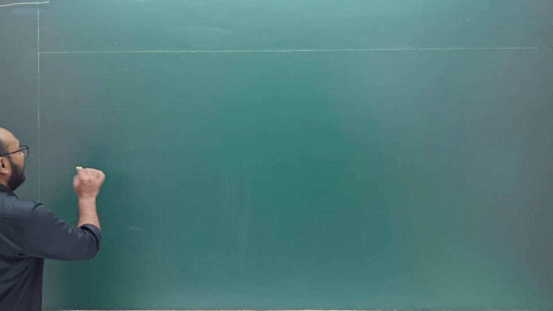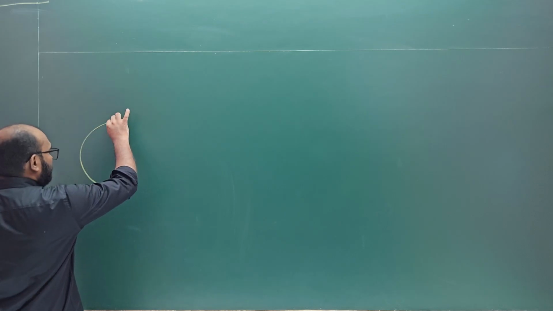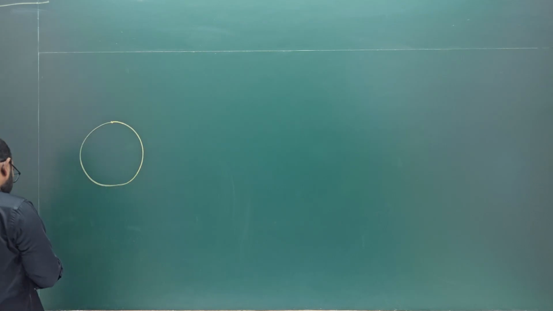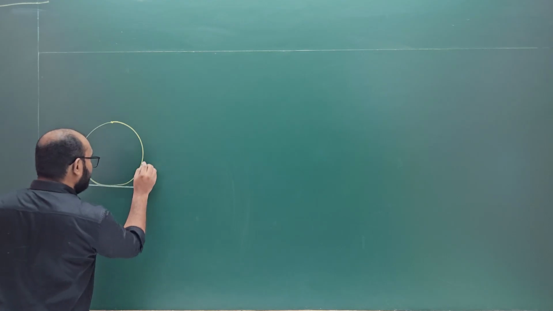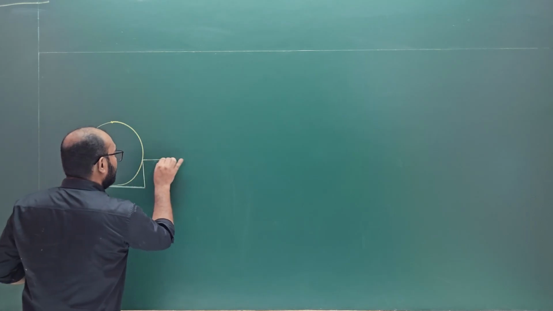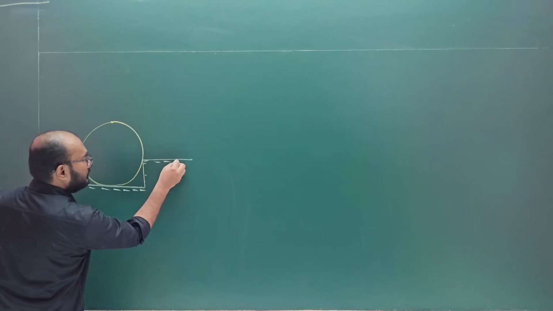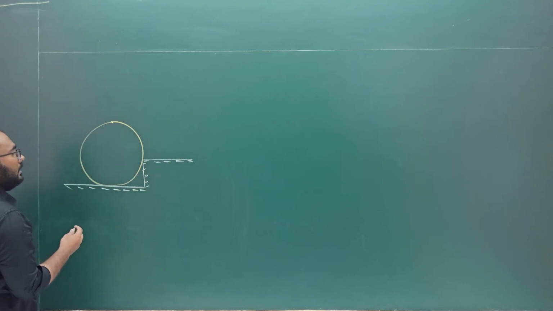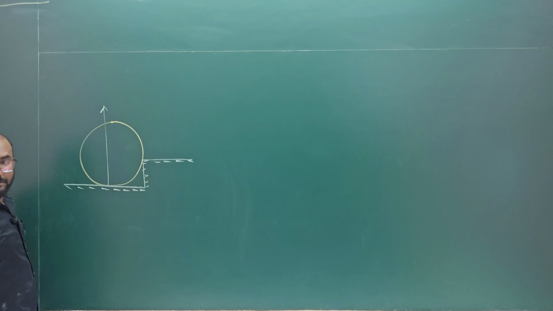Consider here is a sphere like this. Consider here is the sphere and this sphere is being placed like this. And definitely one normal will be passing from here. Yes or no?